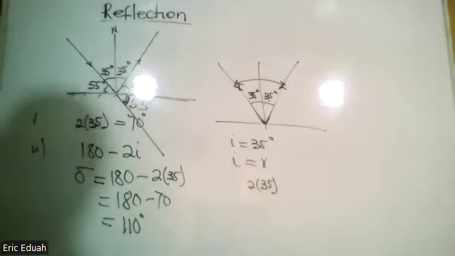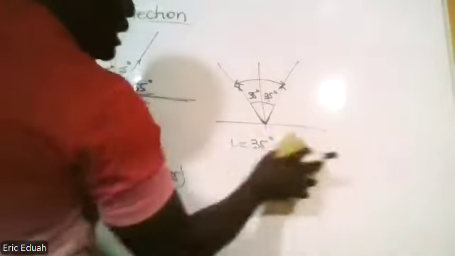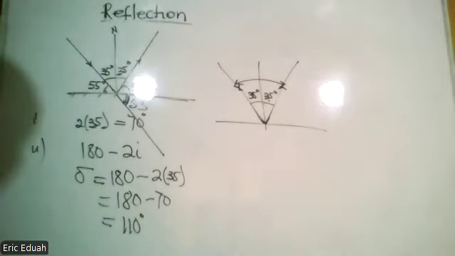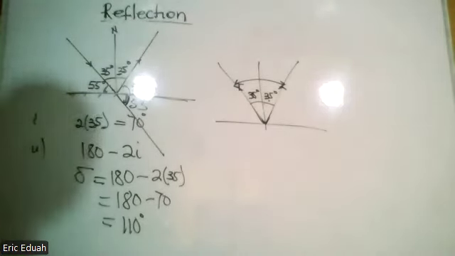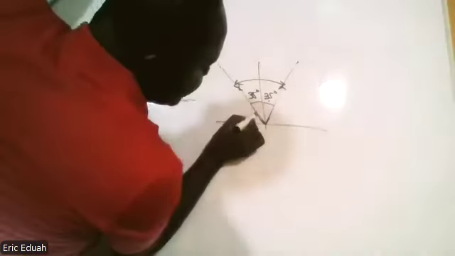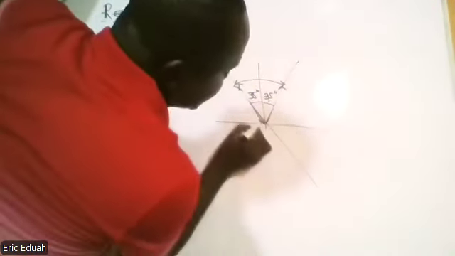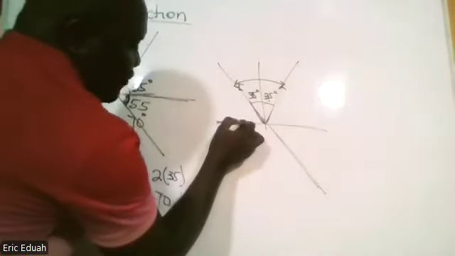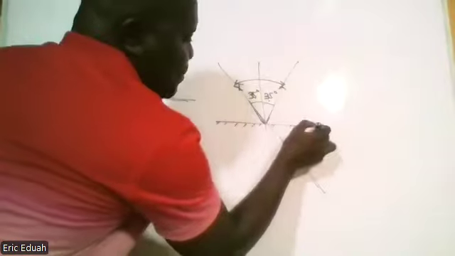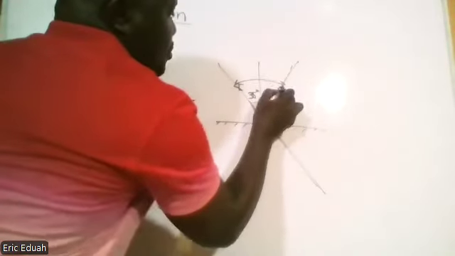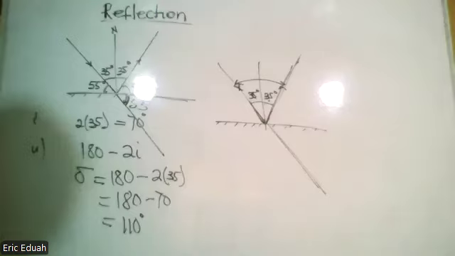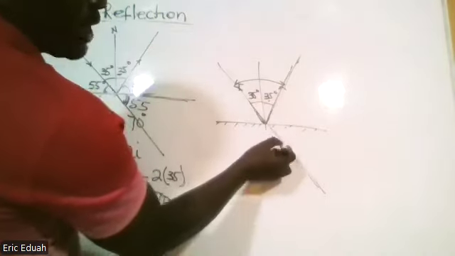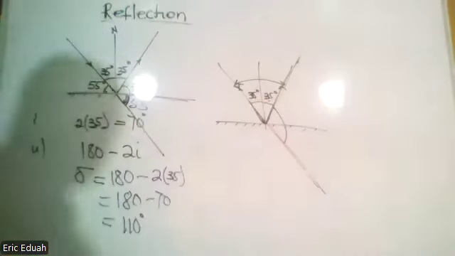Okay. Then the angle of deviation. The incident ray ideally is supposed to go straight, but due to its interaction with the surface, its path has been changed to this direction. So the angle between the original path and the new reflected path gives us the angle of deviation.